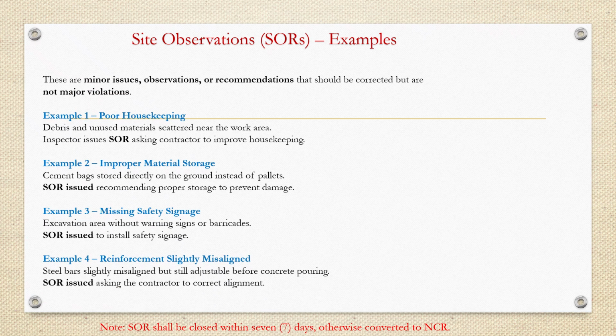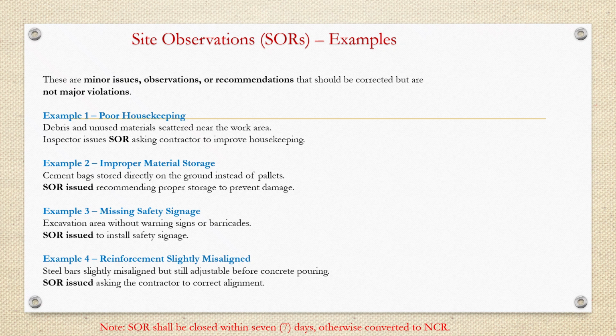So here are some examples of site observations. These are minor issues, observations or recommendations that should be corrected but are not major violations. Example 1, poor housekeeping, debris and unused material scattered near the work areas.